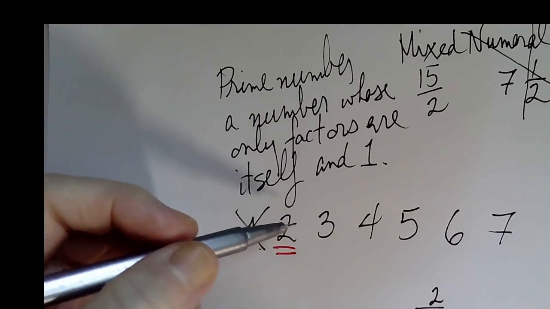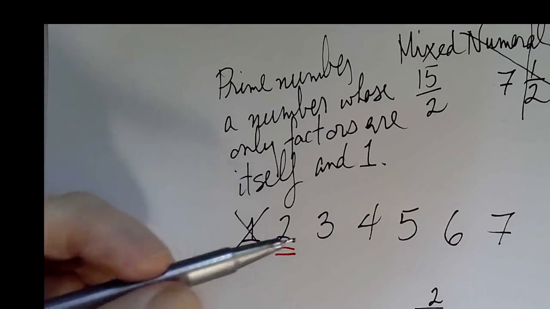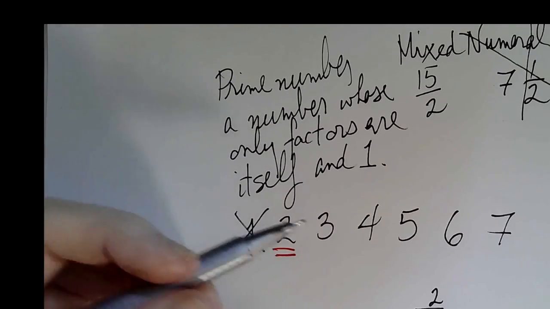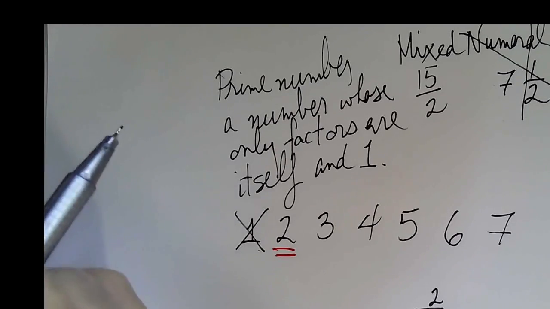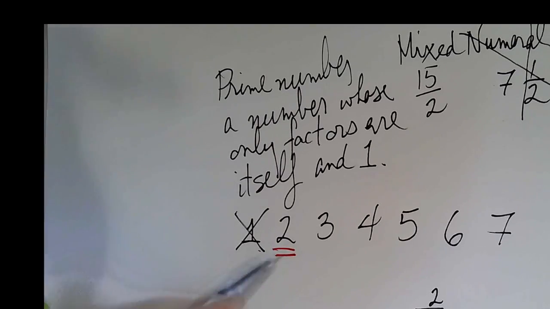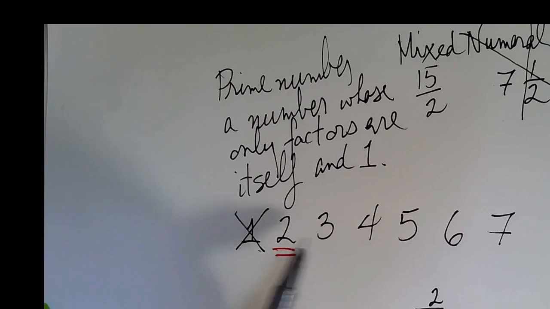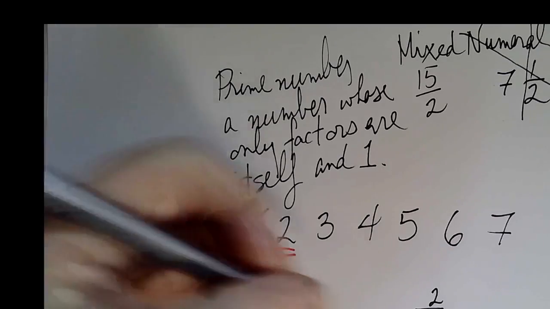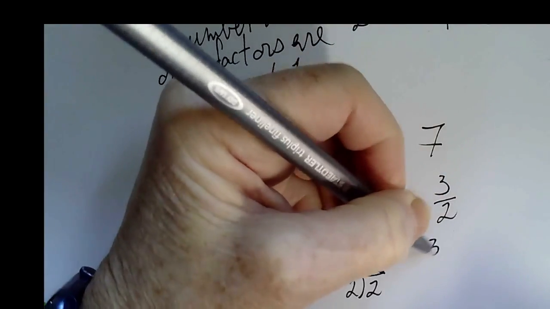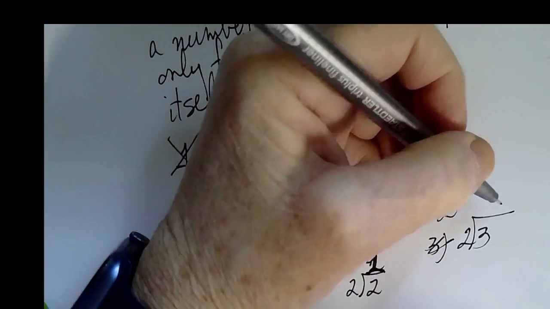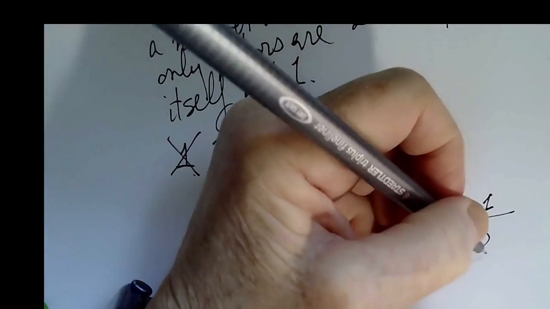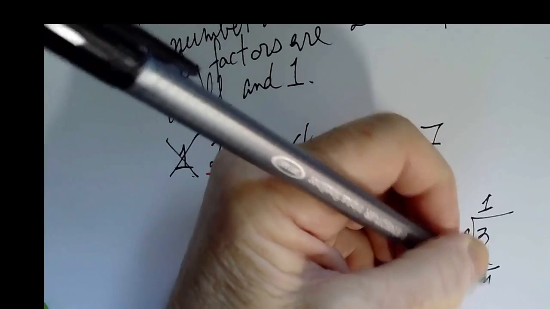What about 3? Well, I know 1 will go into 3 for sure. 3 goes into 3 for sure. Always, any number, itself and 1 go into it. Does anything else go into 3 evenly? Well, 2 is the only number we can check. And 3 divided by 2: 3 goes into 2 once. 1 times 2, that's 2. 3 minus 2 is 1.